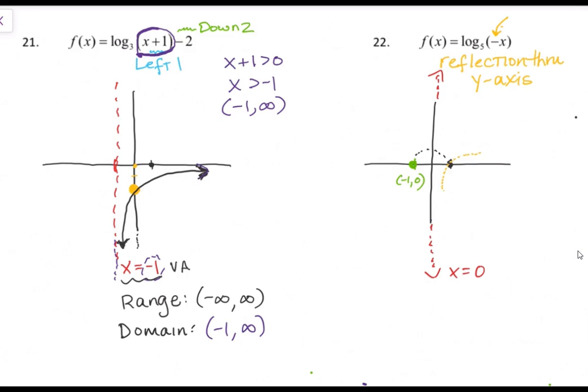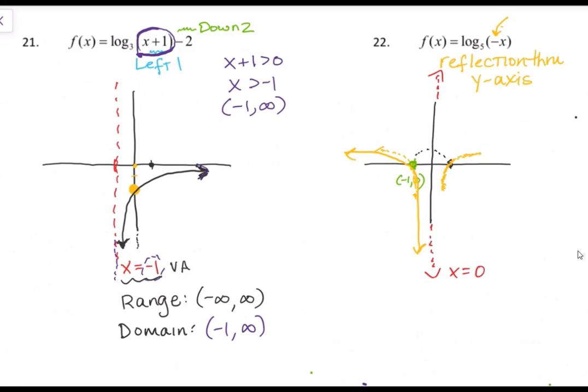In yellow there, that's what my basic shape usually looks like, but I want to reflect it over that y-axis, which means that these points here are going to be here, and these points that were normally heading to the right are now going to head to the left. So overall, what my curve would look like would be like this. It just flips everything over, reflects over that y-axis.